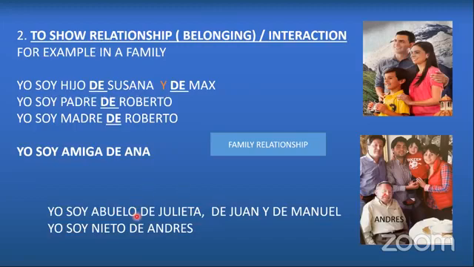So again, here de is putting a connection, because he cannot say just yo soy abuelo. Okay, you are the grandpa. The grandpa of whom? Yo soy abuelo de Julieta. Oh, you are Julieta's grandfather. Yo soy abuelo de Julieta, de Juan y de Manuel.